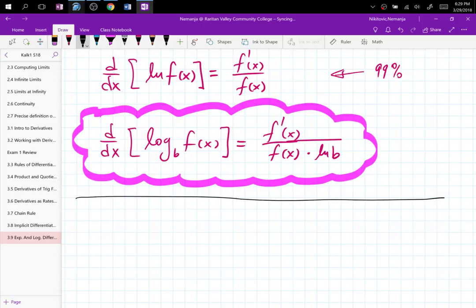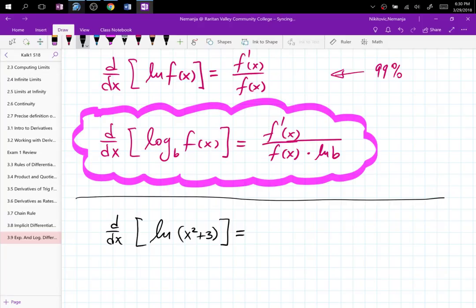Derivatives. What is the derivative of ln of x squared plus 3? So after exponential functions, taking the derivative of logarithmic functions with ln is the cheapest thing you have in calculus.